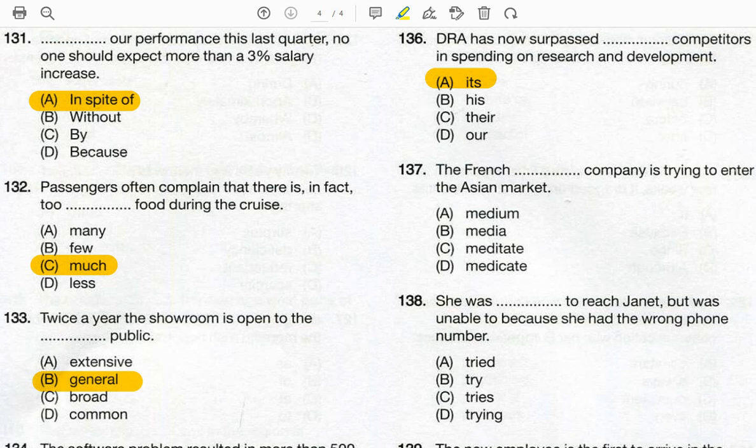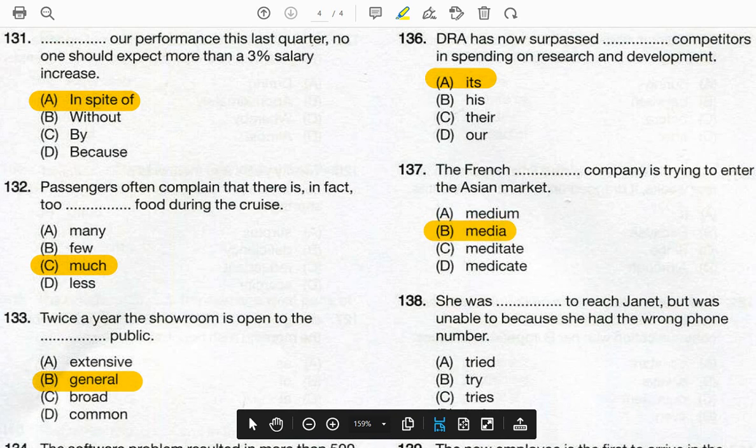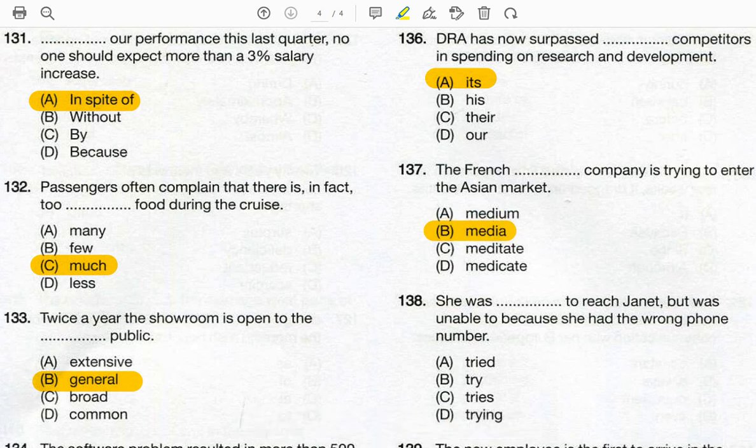The next, the French media company is trying to enter the Asian market. So in describing a noun, the plural media is usually used rather than the singular medium. Normally, a singular noun can describe a noun. Medium is an exception because the word has other meanings which could make the sense ambiguous.